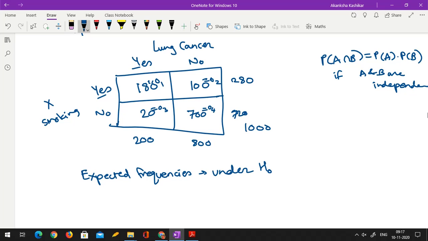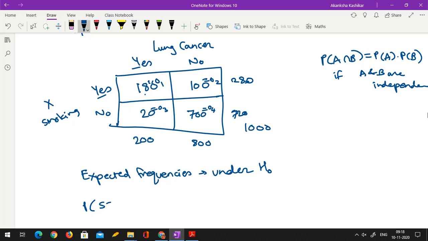So these are observed frequencies and we'll compute expected frequencies. So if smoking and lung cancer are not related at all, if smoking does not change the probability of getting lung cancer, then the probability of each cell can be obtained by the product of marginal probabilities of row and column.